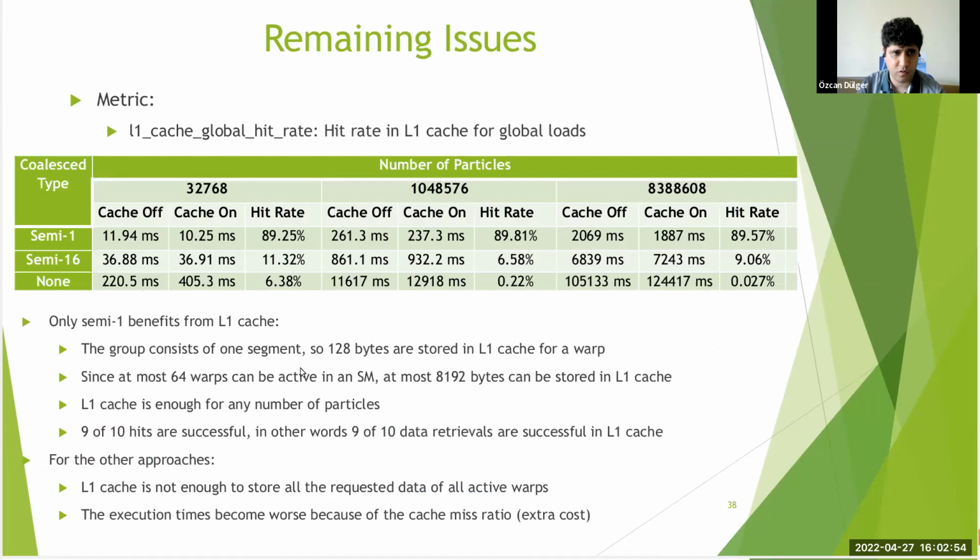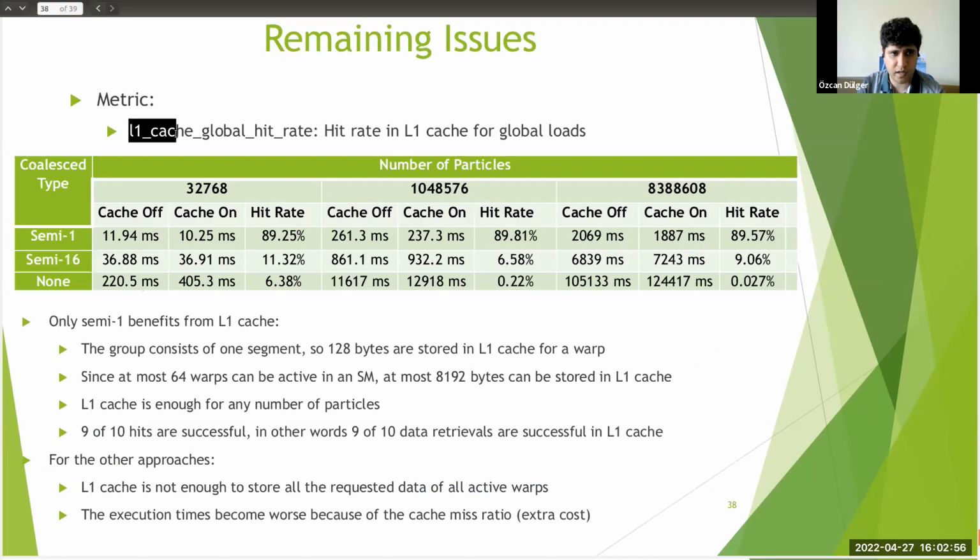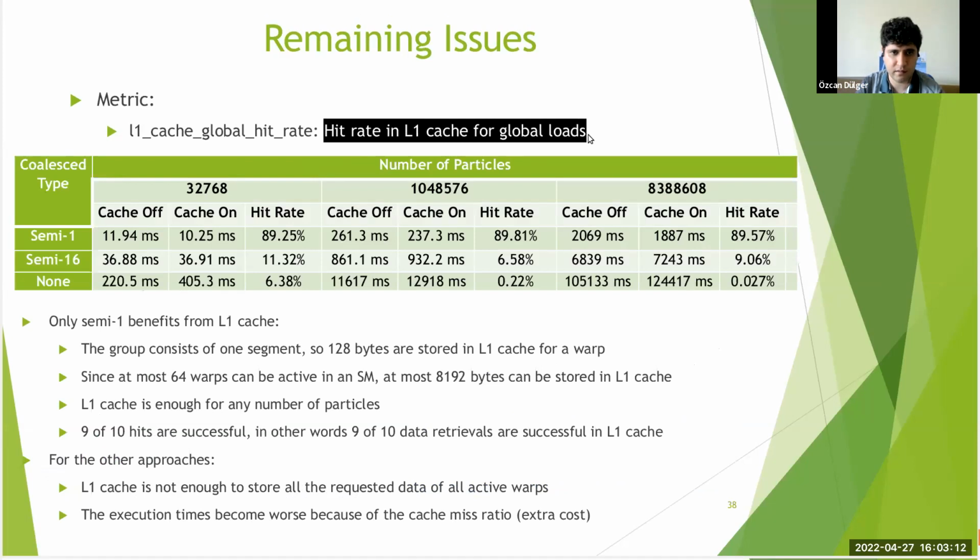Here we use the L1 cache global hit rate metric. This gives us the hit rate in the L1 cache for global loads. Hit rate means the successful hits. When you request data in the L1 cache, if it exists in there, that is a hit.